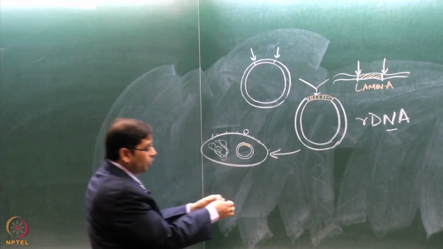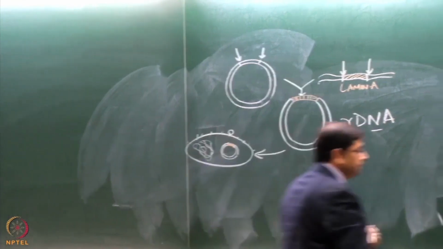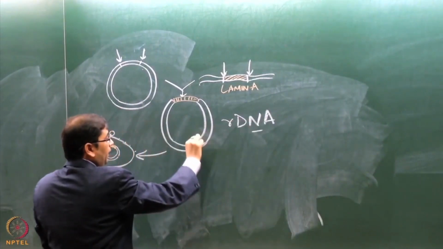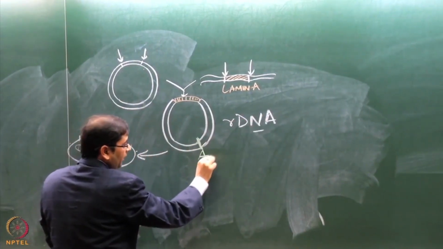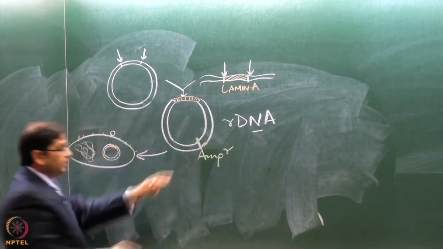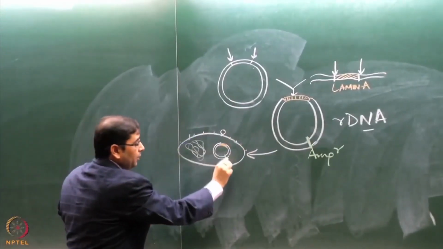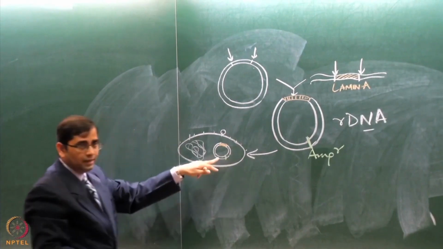So now you are using that property where we said that you can have some of the antibiotic resistant genes. So let's say we have ampicillin resistant gene here in your plasmid. So now in this particular plasmid, this ampicillin resistant marker is there.